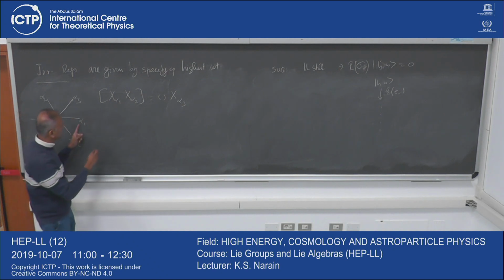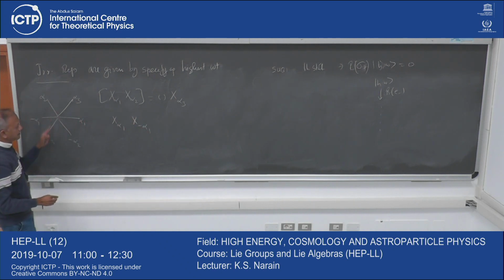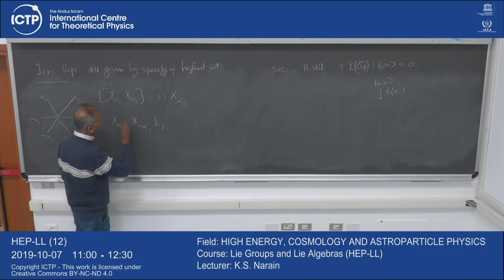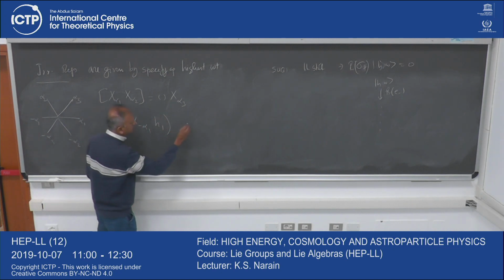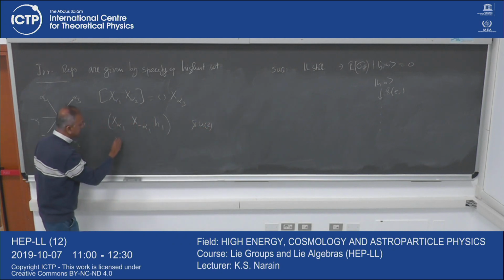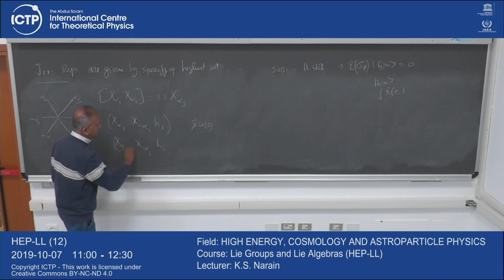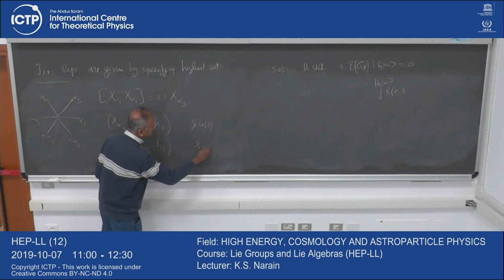For alpha 1, we have X alpha 1, X minus alpha 1, and some combination of the Cartan generators, which we were calling H1. This formed one SU2 algebra.